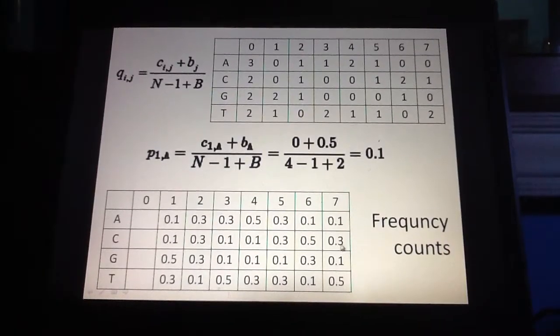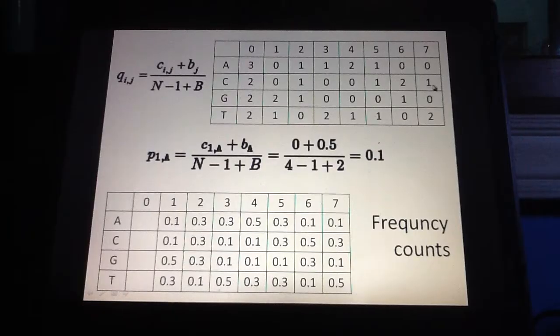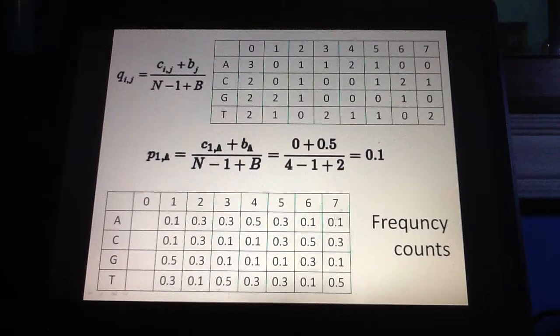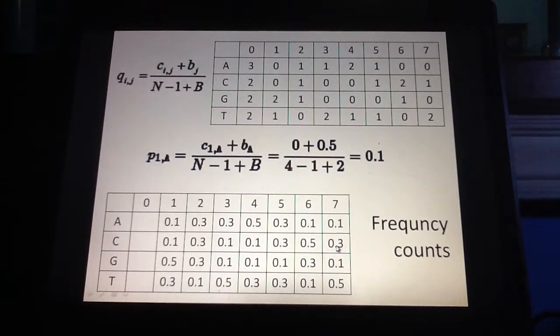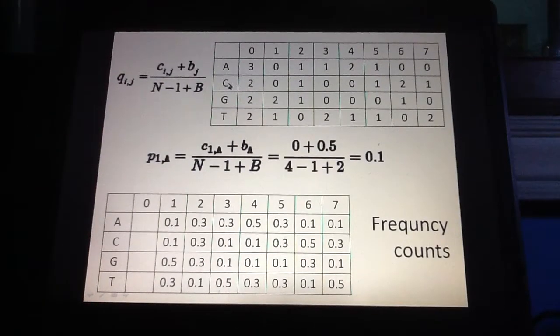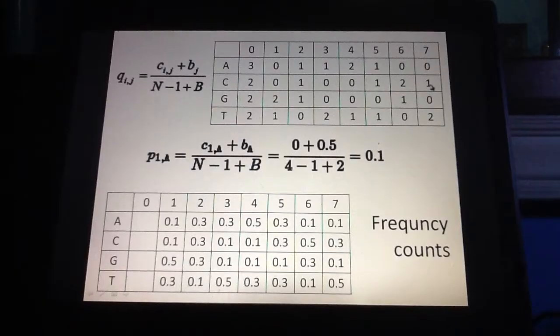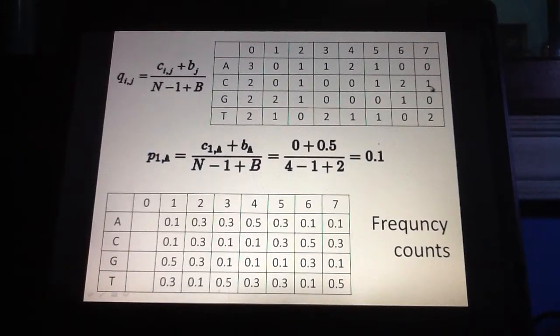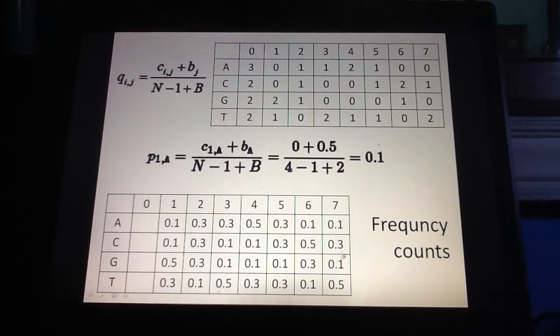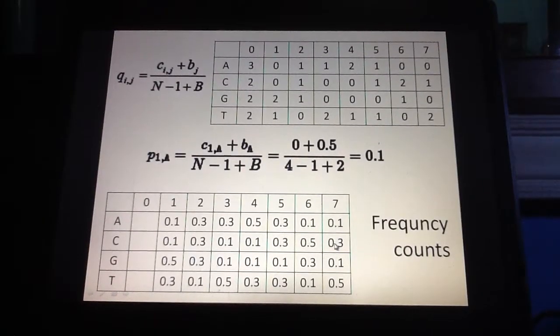This 0.3 is obtained by 1 plus 0.5 divided by 3 plus 2, and ideally you should get 0.3 there. So it's 1 corresponding to the count of C in the 7th position, plus 0.5 divided by 3 plus 2. It should give you 0.3.